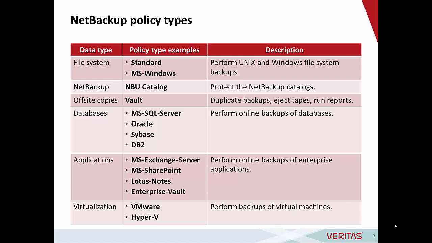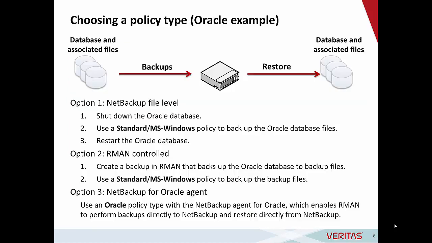We'll be talking about these types of backups in this lesson, and we'll have a number of follow-on lessons after this one where we'll explore database and application backups in quite some detail. In many cases, when backing up a major enterprise application or database, you may have a choice of different methods and a choice of policy types to use.